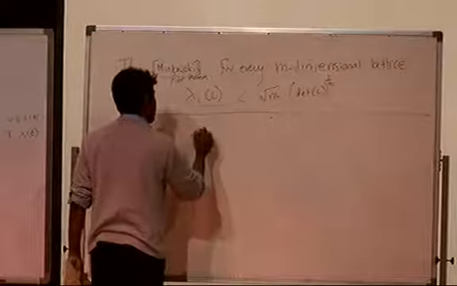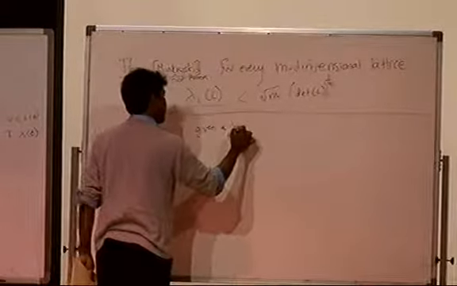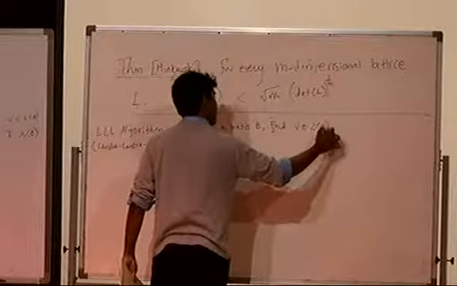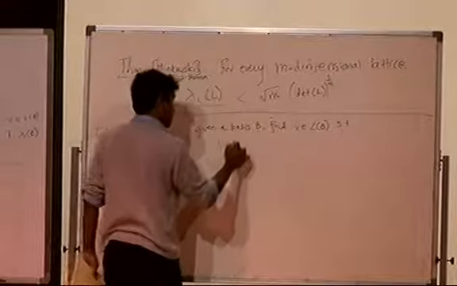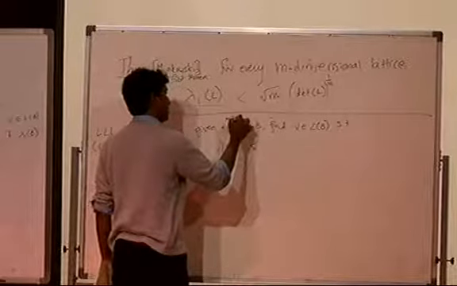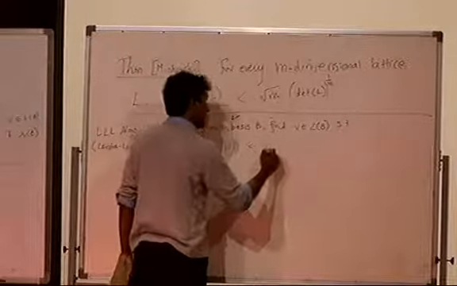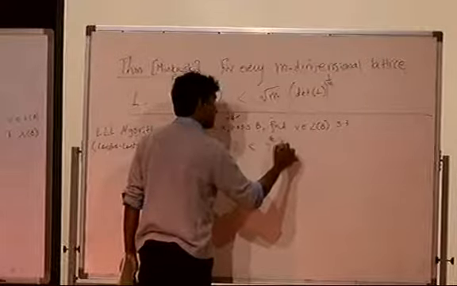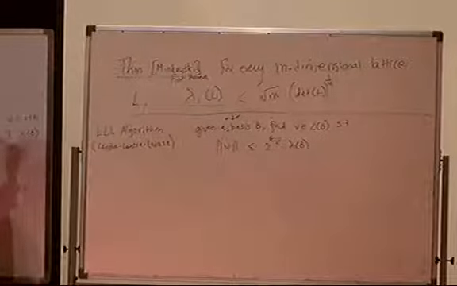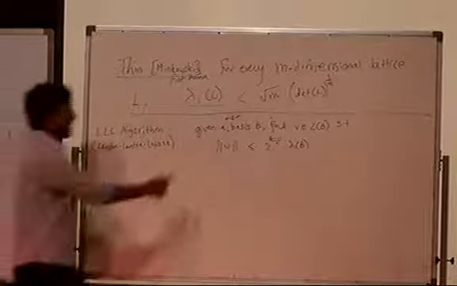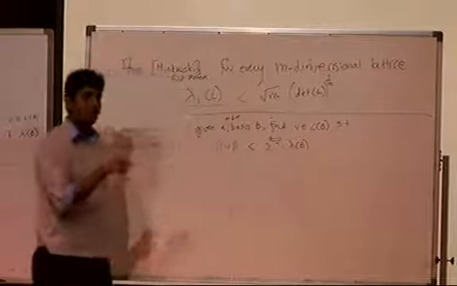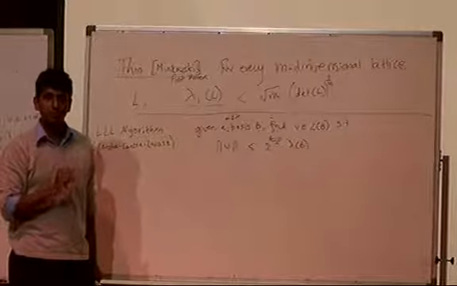And what it shows you is, given a basis B, find a vector V in the lattice such that the length of V is at most, this is an m-dimensional basis, 2 to the (m minus 1) over 2 times lambda 1. Okay, so it doesn't find you the shortest vector. It finds you a vector that is at most a 2 to the (m minus 1) over 2 factor bigger than the shortest vector.